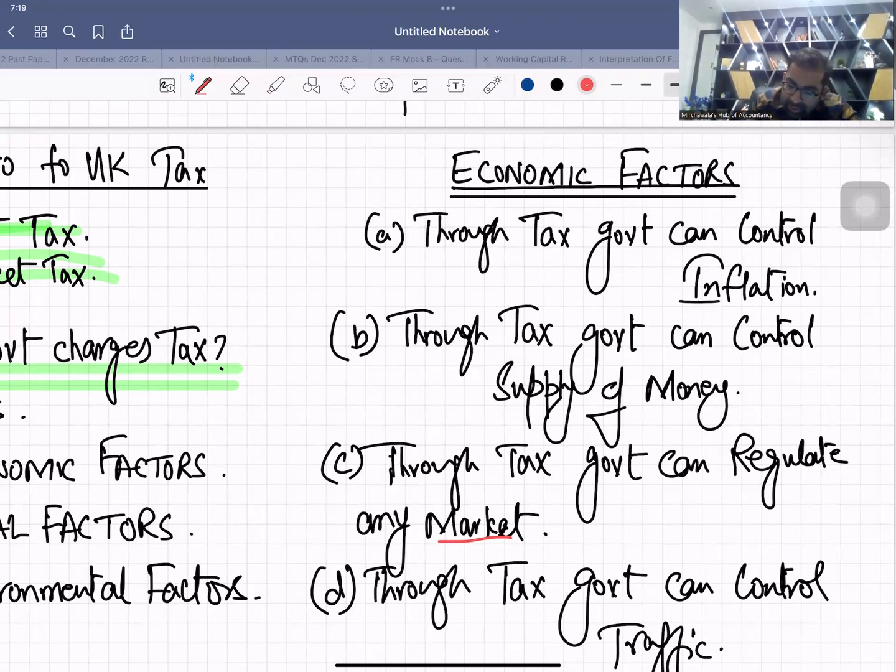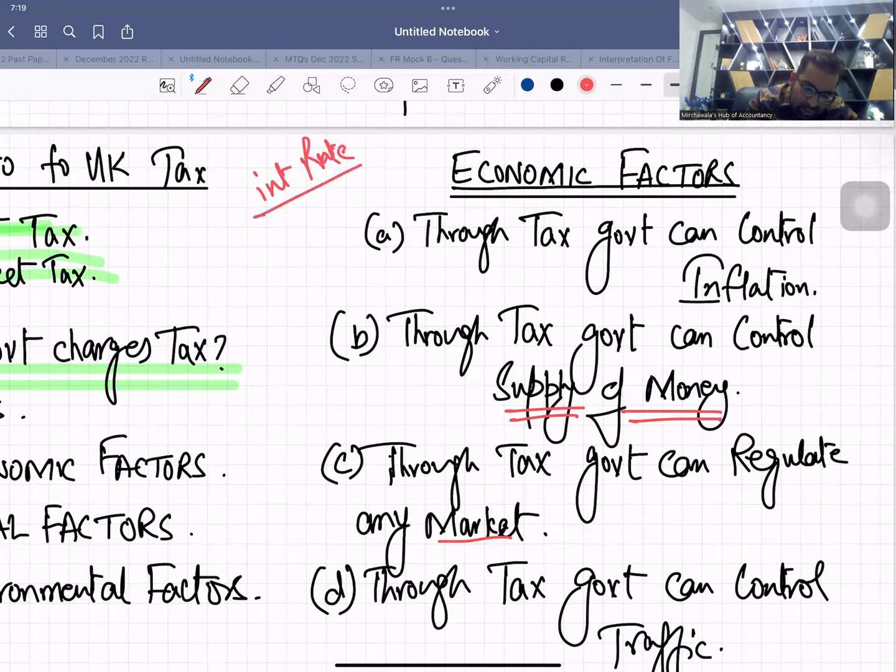Through tax, government can control supply of money. Hope you have heard this word in economics. Now wait, this is a very basic thing.